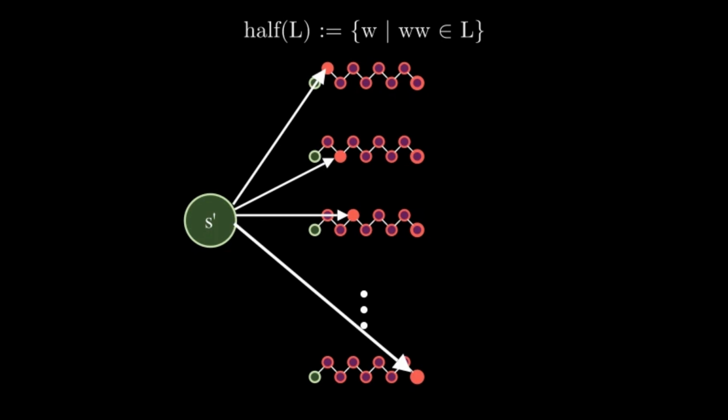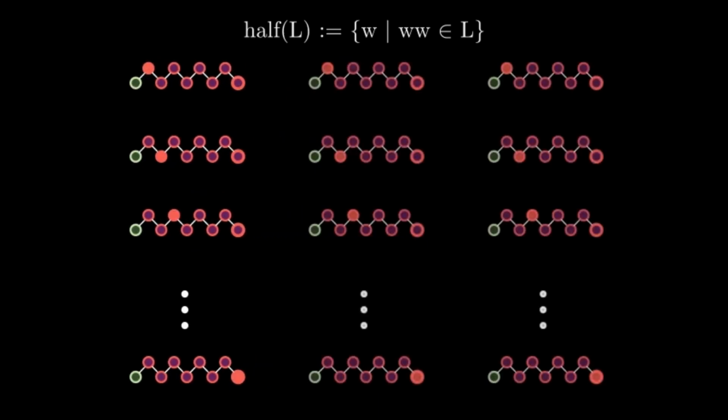Then, simultaneously for each guessed state, this NFA will simulate the input string starting from the guessed state, but we also need to keep track of the input string from the original starting state. We need to create n copies of this whole thing. Now, the NFA will also run the simulation from the original starting state.